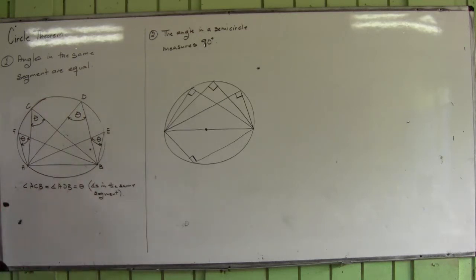Ladies and gentlemen, the angle in a semicircle measures 90 degrees. Alright, essentially what we want to do is go through them as quickly as possible, and then you can see how they apply in a question. It's a topic that within a short time we can quickly master. Just keep on writing. Let's put in the third one.